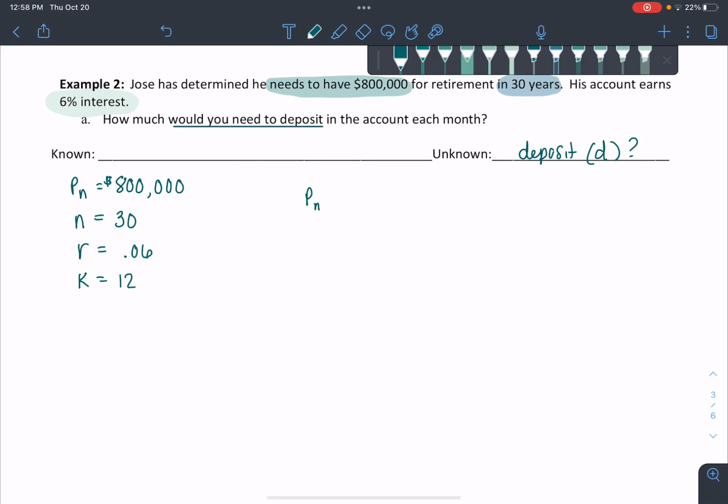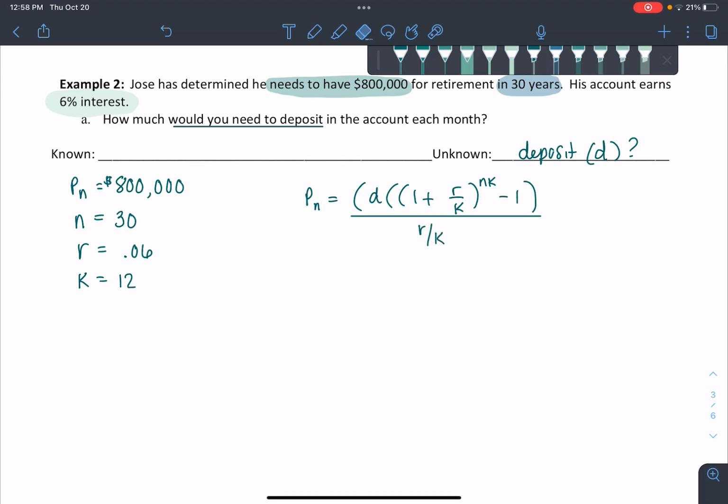P sub N equals parentheses D, parentheses, 1 plus R over K, raised to the NK, and then minus 1. And that is all over R over K.